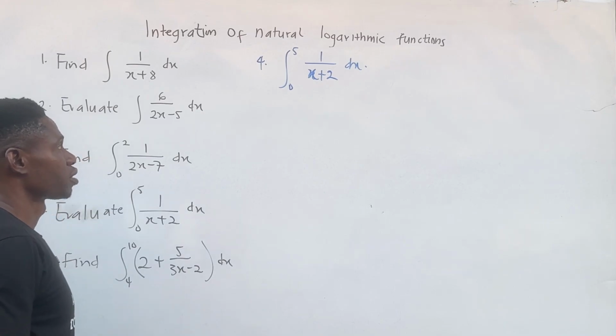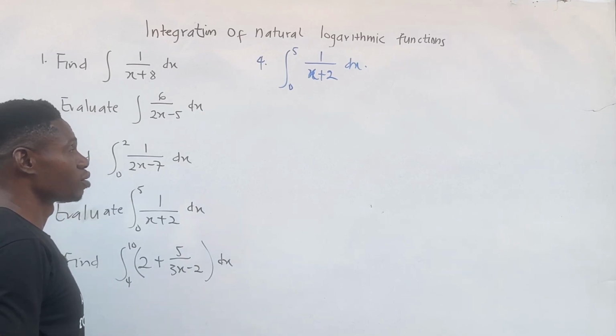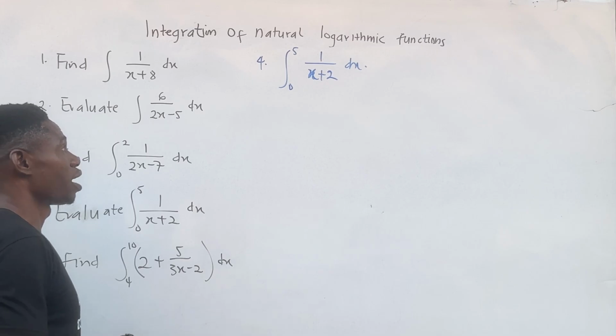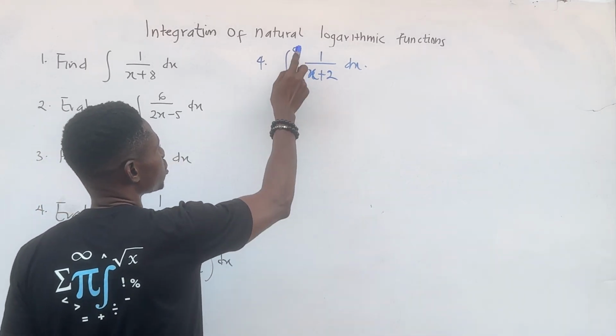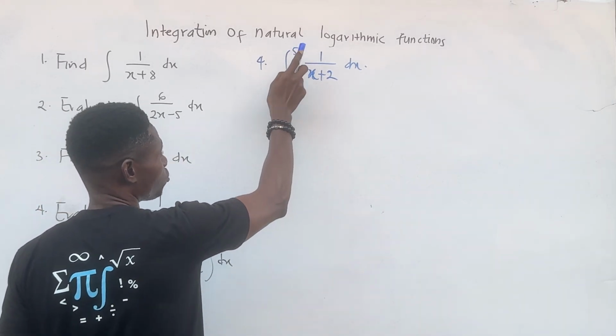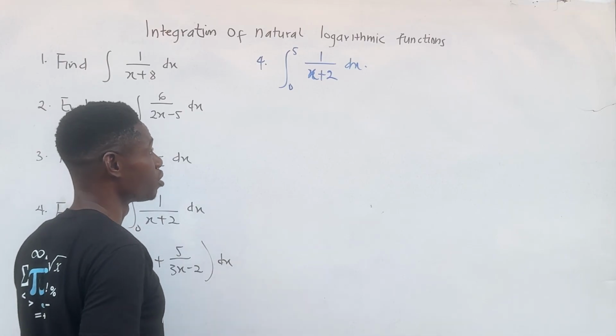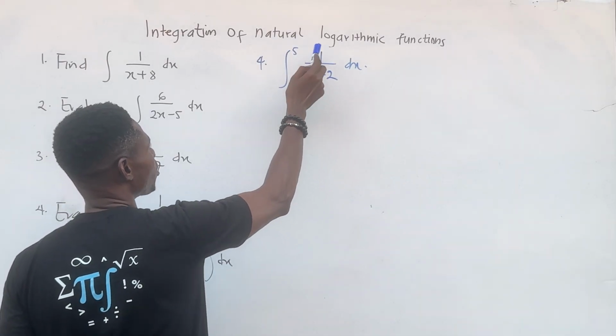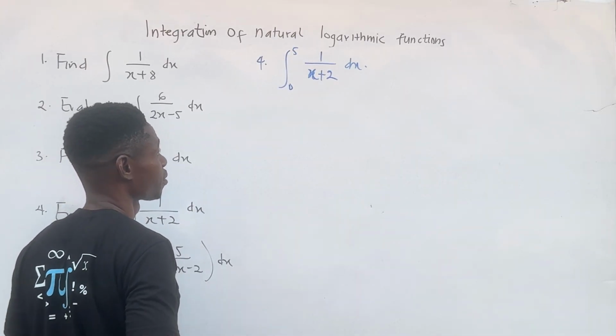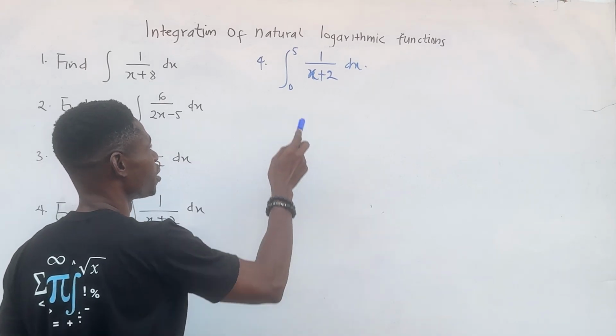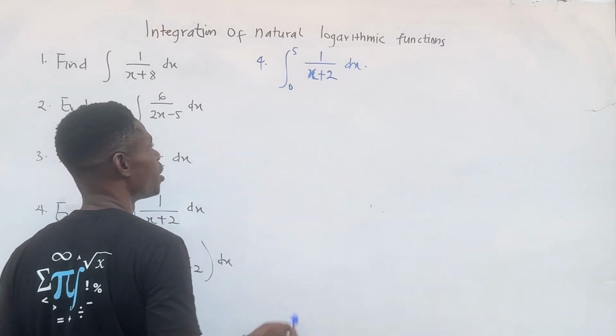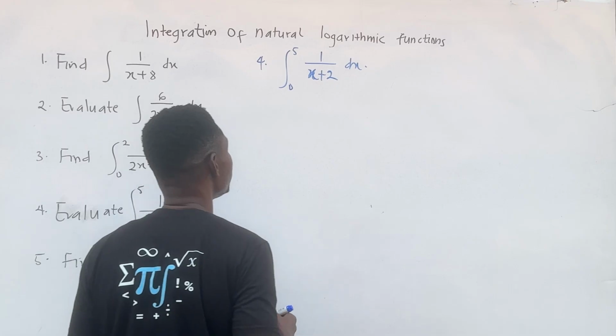Now to evaluate this, we'll do the same thing we've been doing. We have boundaries from 0 to 5. So what we'll do is replace our x with 5, minus the same thing with 0, and then we go. So let me just show it.